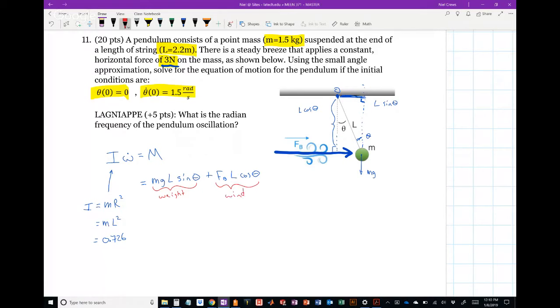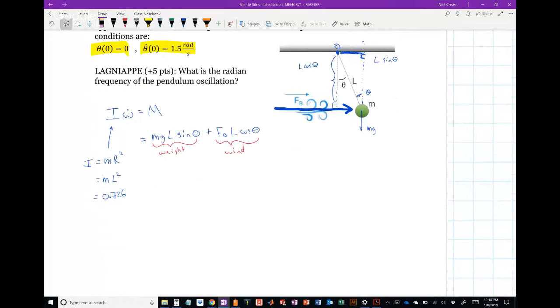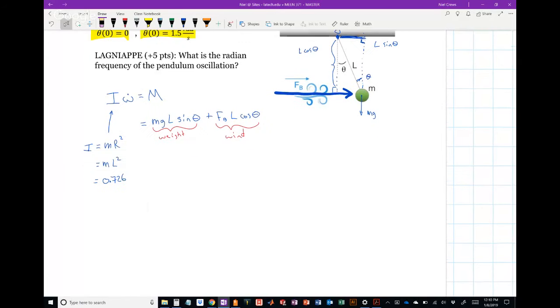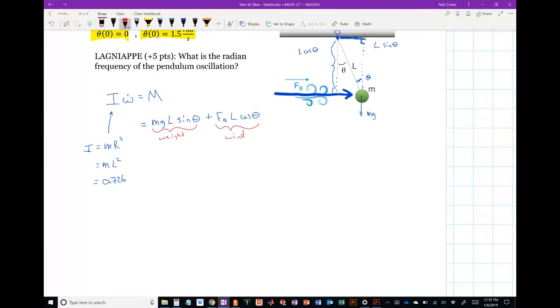Again, there's multiple ways to divide these up into the angles, but if you do it correctly, you're always going to end up with mgL sine theta and F_B L cosine theta. Okay, and so that is the equation that you're going to want to use. Maybe before I put in this 0.726, I'll do it numerically for a little bit so you can see.